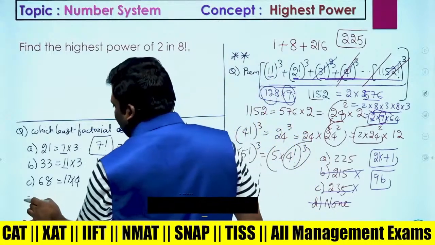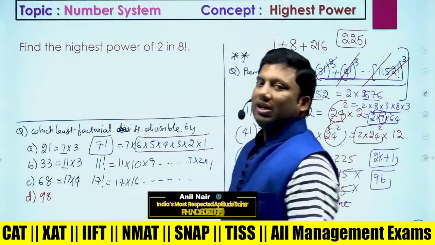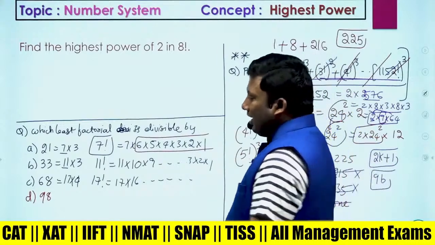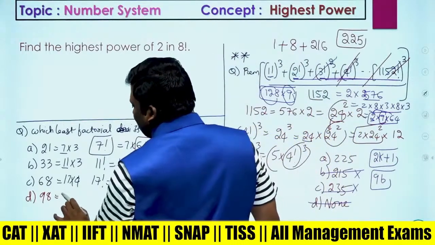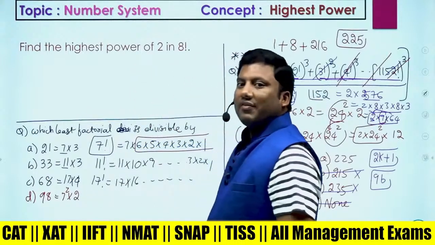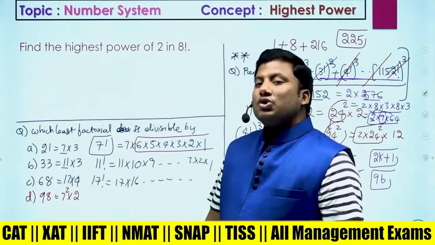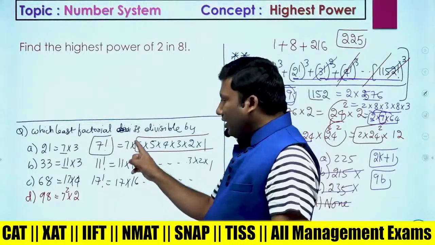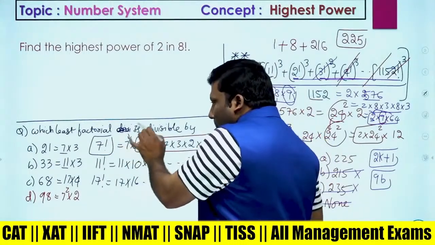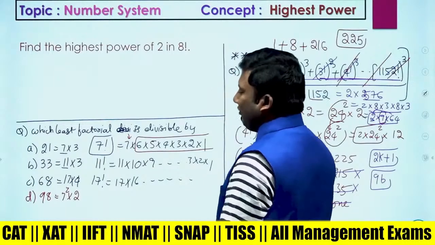Now, suppose the question is 98. What is 98? 98 is 7 square into 2. So what should be the minimum power of 7? 2. But here in 7 factorial, only 1 power of 7 I got. What is the next multiple of 7? 14 factorial.